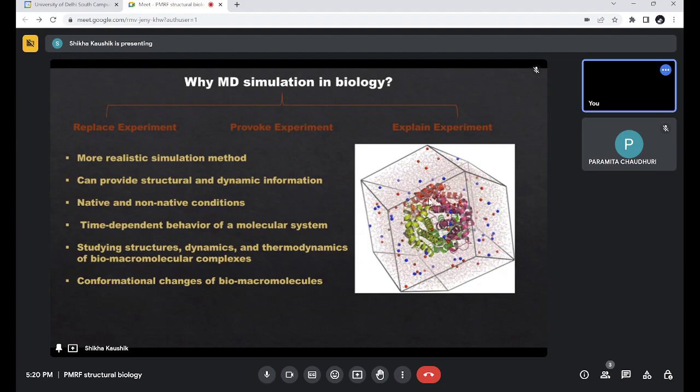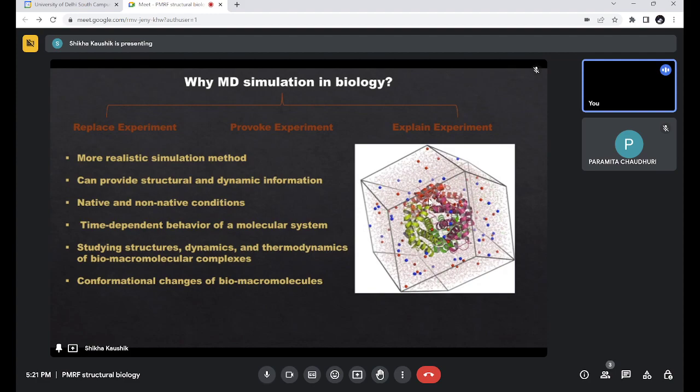So this actually replaces the experiment. As I mentioned, you don't have to perform the experiment, because while performing the experiment, you might have some human error that will not exactly represent the actual system. So if you make some human error, you will have some different kind of result.